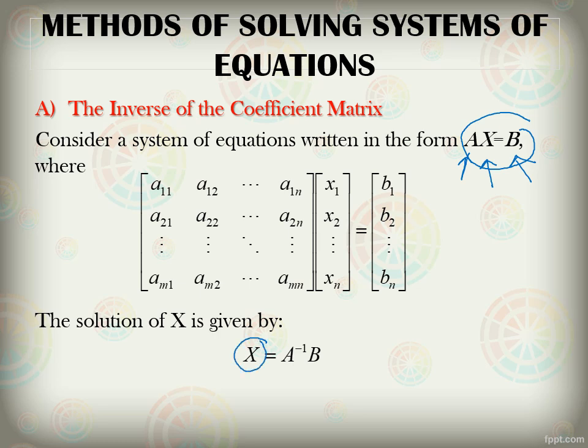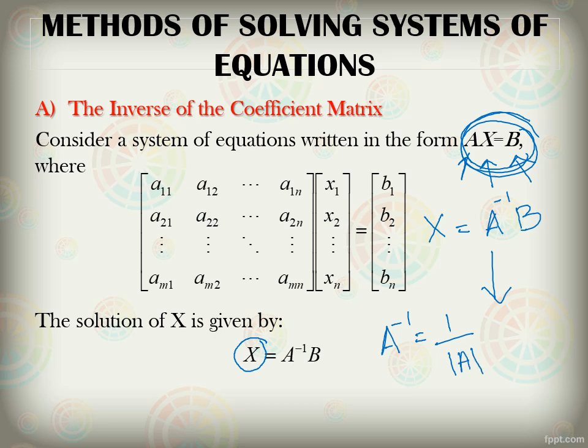When we rearrange this equation so that X becomes the subject, when we take A to the right hand side, it will become A inverse times matrix B. We have learned before that A inverse is equal to 1 over the determinant of A times the adjoint of matrix A. Then you multiply with B, and you will have a solution for your unknown.